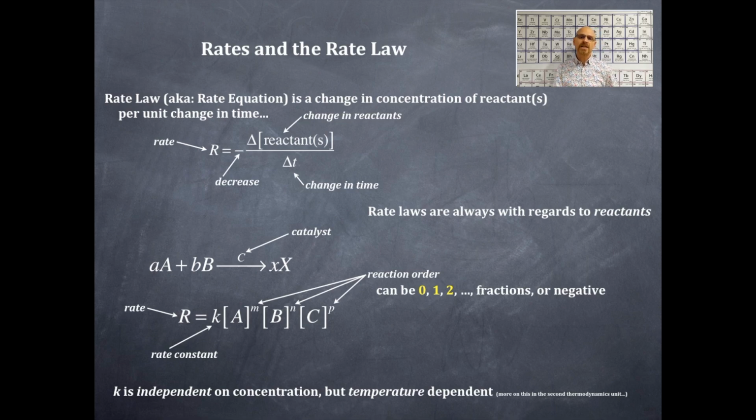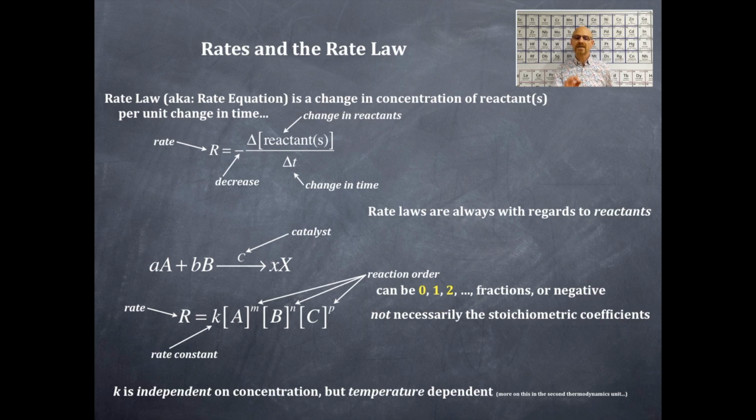But in this unit of chemistry, I'm just going to be discussing zero order, first order, and second order rate laws. In future years of chemistry, you'll be discussing the fractions and the negative values, but that's much, much more in the future.